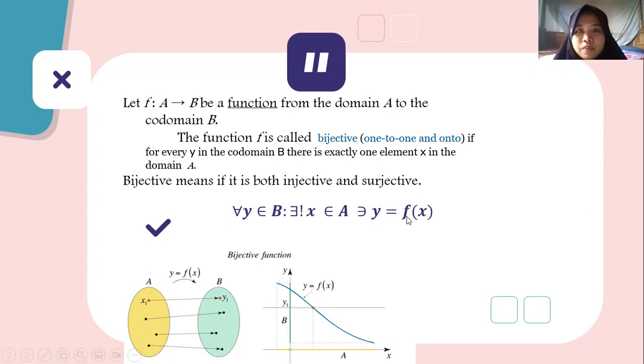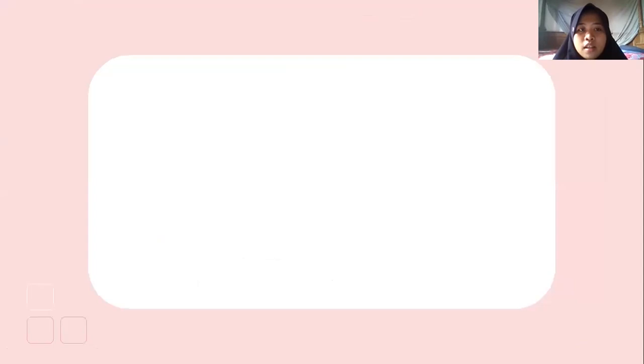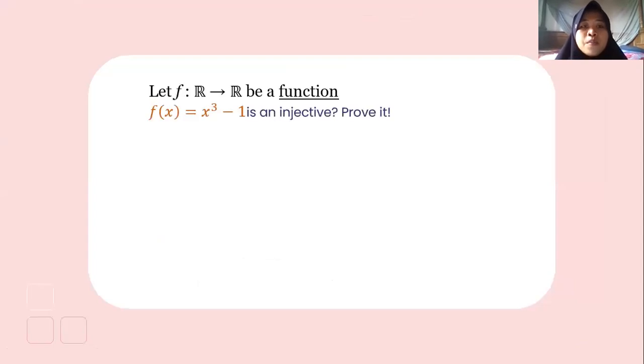So the next, we have a problem. Let f from R to R be a function, f(x) equals x power 3 minus 1. Is it an injective function or not? Prove it.